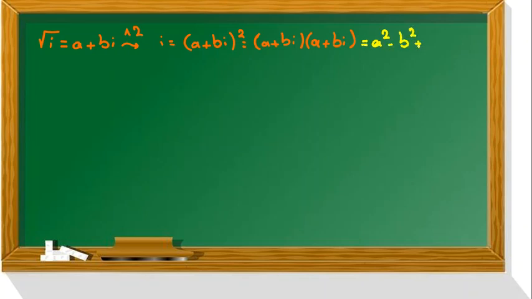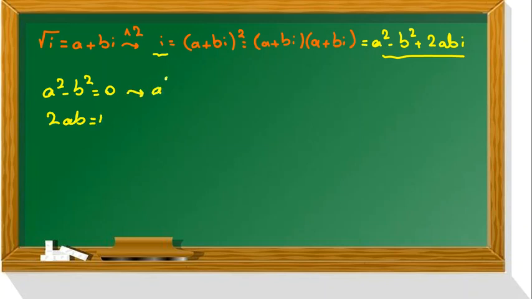So a plus bi, then we raise to the power of 2, left side is i, right side is (a plus bi) whole squared. It will be (a plus bi) times (a plus bi), and multiplying here, it will be a squared minus b squared plus 2abi. And here, if we consider this part and that part, the real parts are equal, and the imaginary parts also are equal. a squared minus b squared equals 0 and 2ab equals 1.